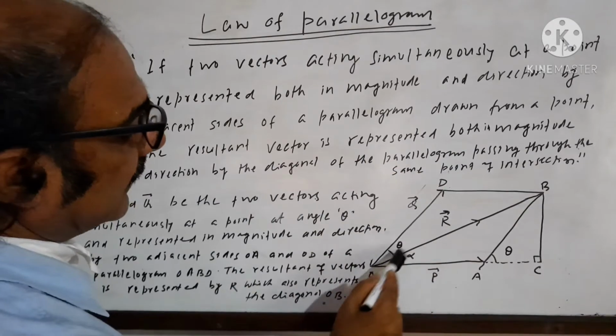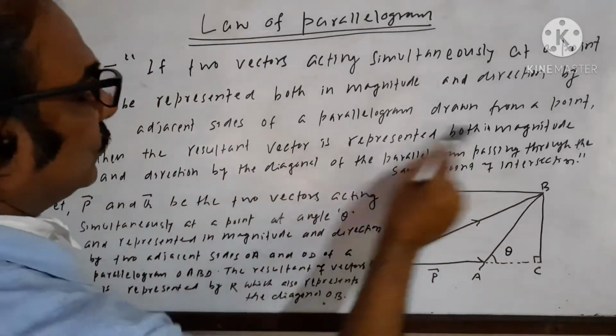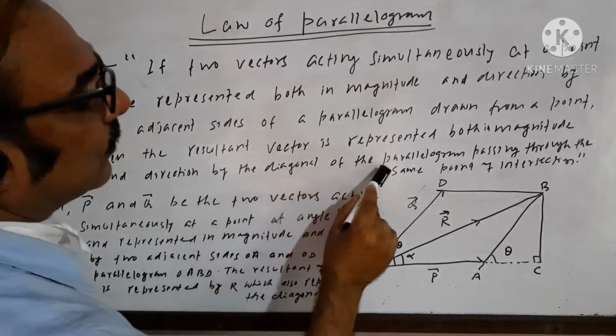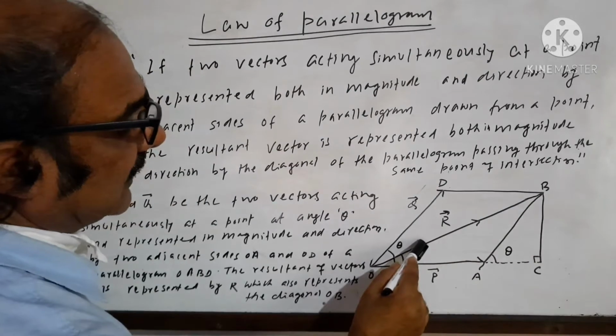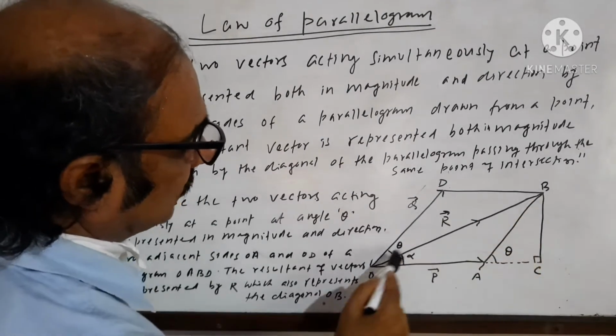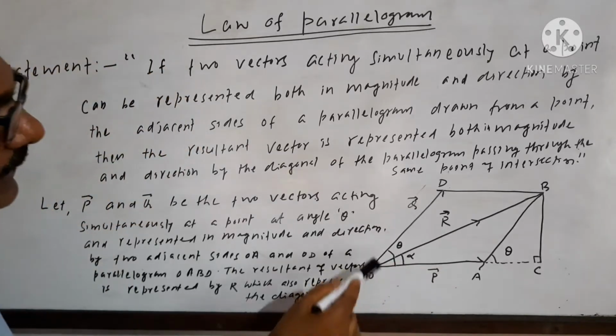This is the resultant, and it represents magnitude and direction by the diagonal of the parallelogram passing through the same point of intersection.